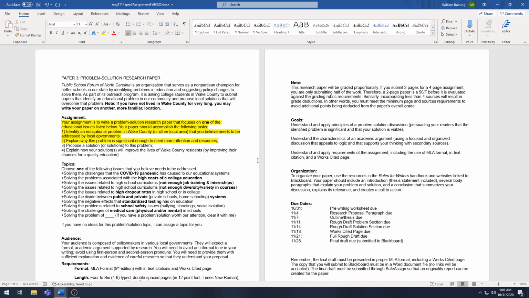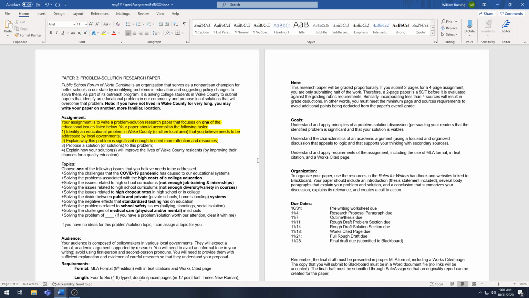Right? So if you're just dying to write a paper about legalizing marijuana or gun regulation or something like that, some political issue that you're interested in or that you've written about before, this is not that paper, right? Save that for some other class, some other paper assignment where it fits.